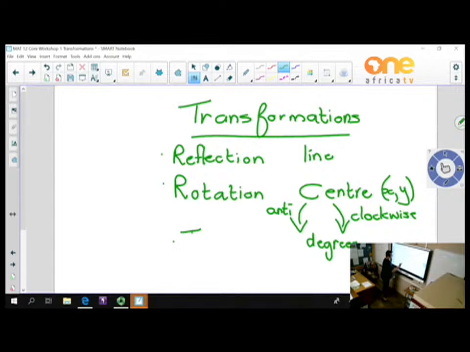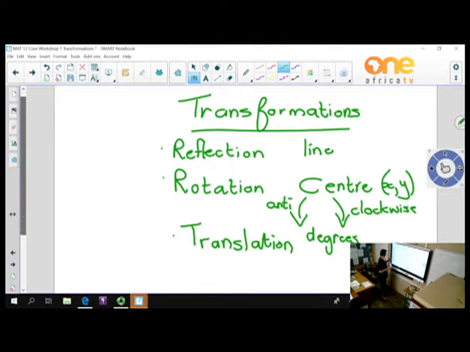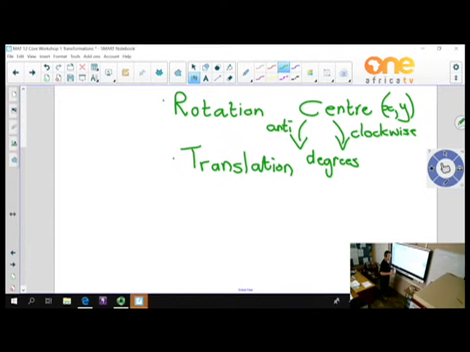The next one is a translation. And a translation is like when you play chess, you slide it in a certain direction. We do a translation with a column vector. We use here the column vector, and it is x over y.